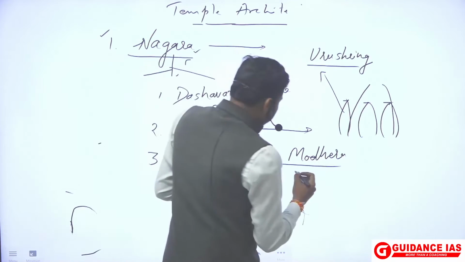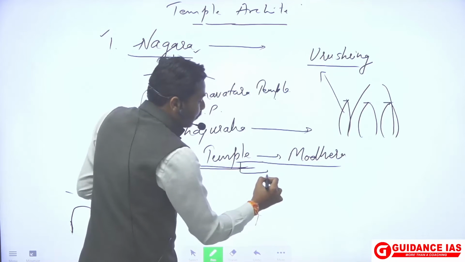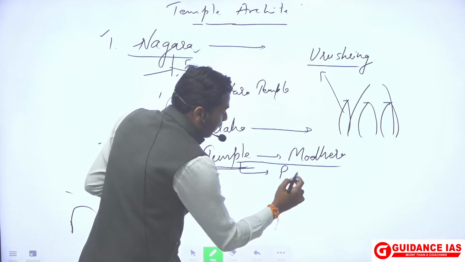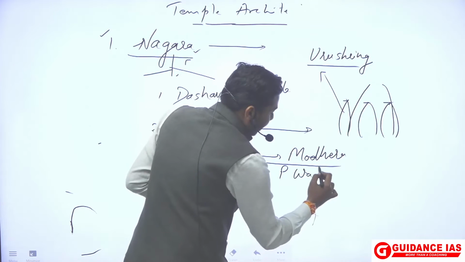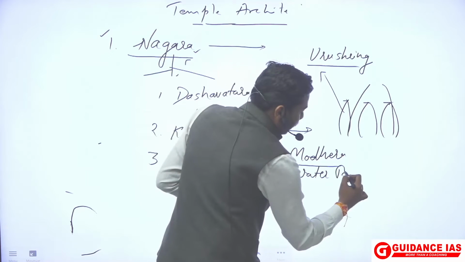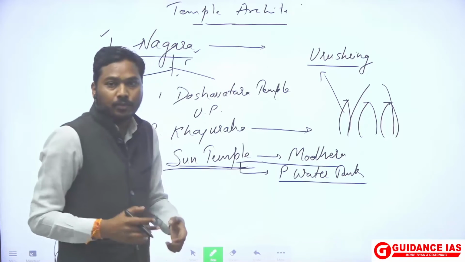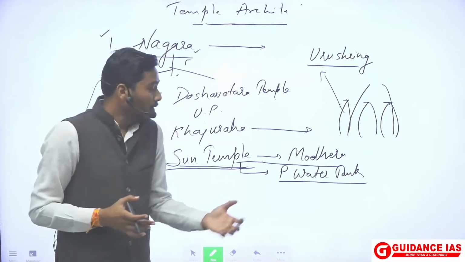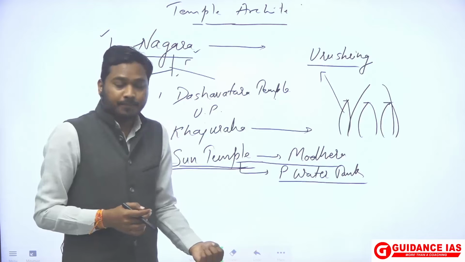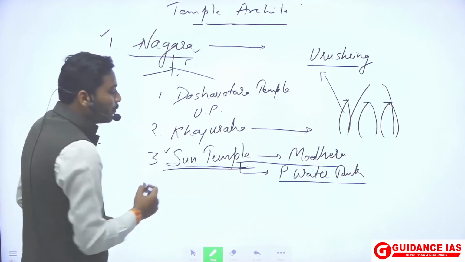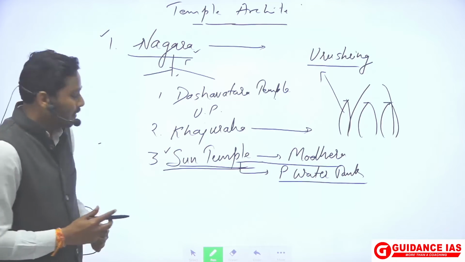Clear? Along with this, in the Sun Temple of Modera, there is a water tank within the temple premises. A huge 100 square meter water tank has been constructed. So the Sun Temple of Modera is another example of Nagar style.